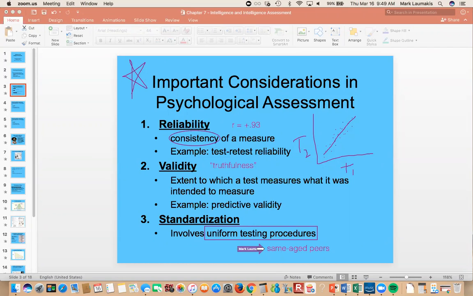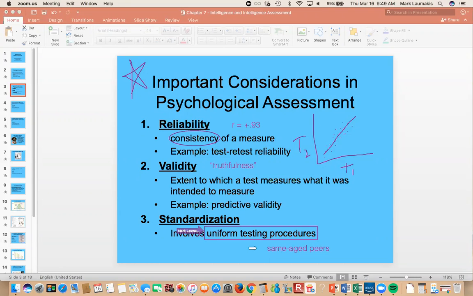If we follow these uniform testing procedures, then when we're done, I know that I can look at your individual performance and conclude something from that because you were tested in exactly the same way as maybe 8,000 other 18-year-olds were tested. And your grandmother was tested in exactly the same way that 10,000 other 75-year-olds were tested.